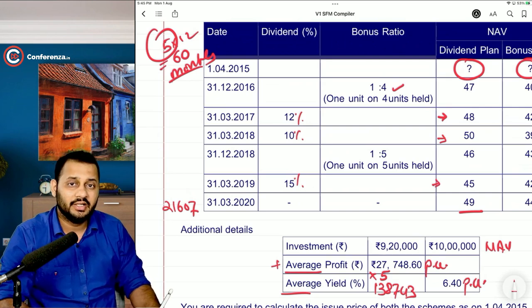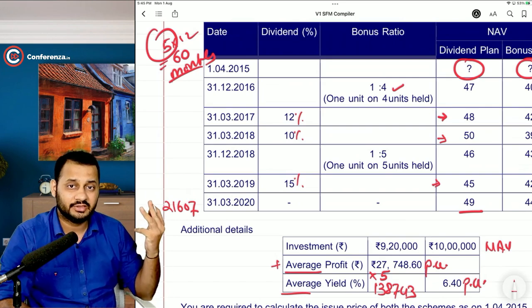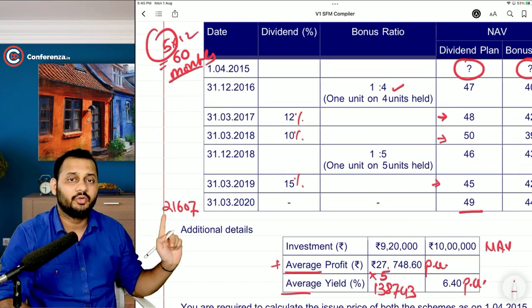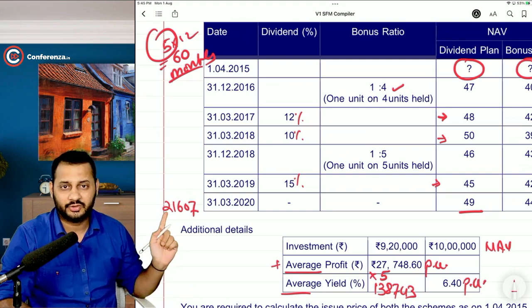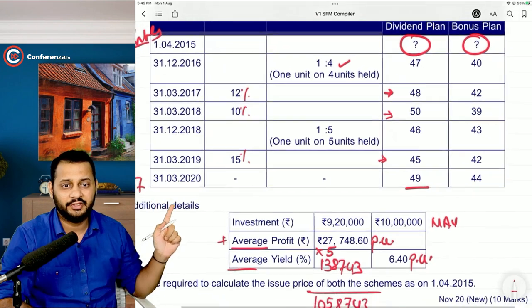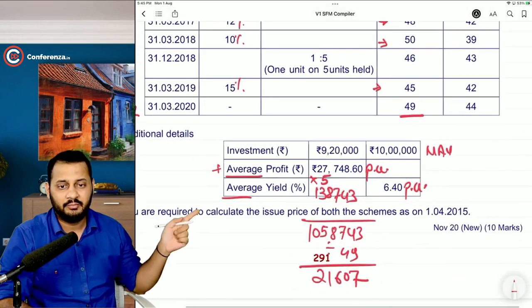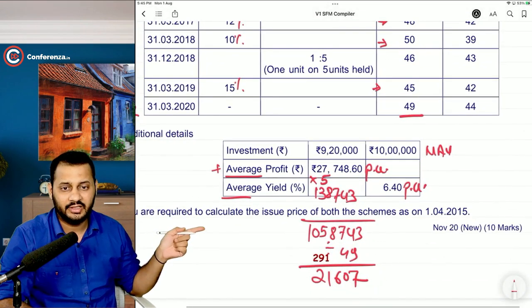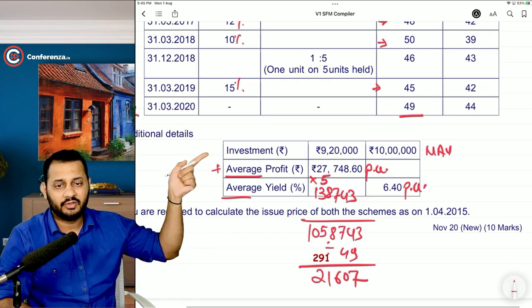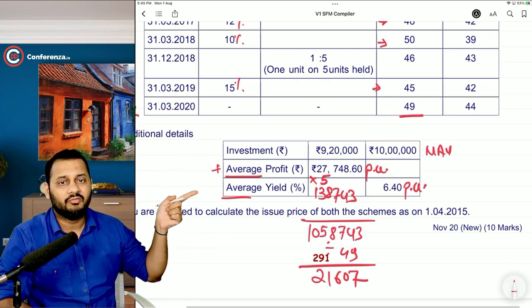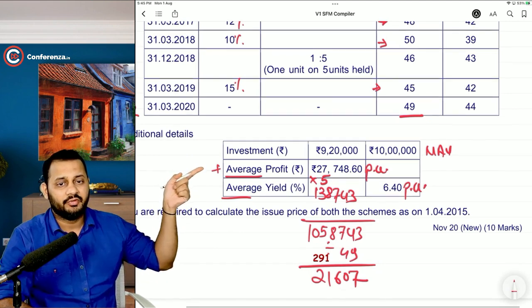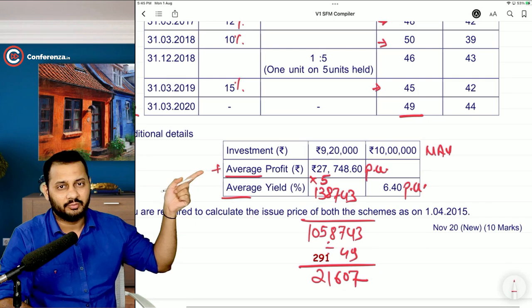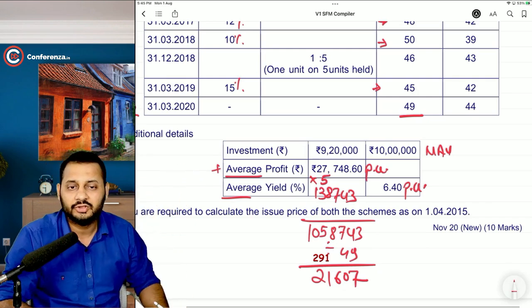So you accumulated additional units 3 times to make the total 21607, which you sold at 49 rupees, became 10,58,743, and when you deducted investment out of that, the total return became 138,743. When you divided it by 5, average profit came down to 27,748.60. So this is the whole story.